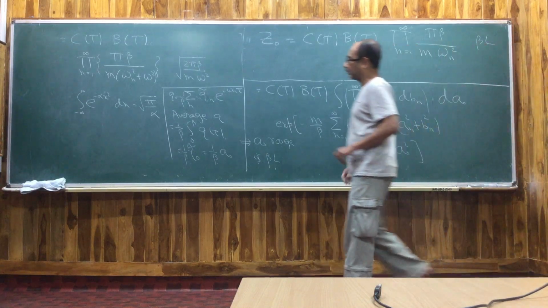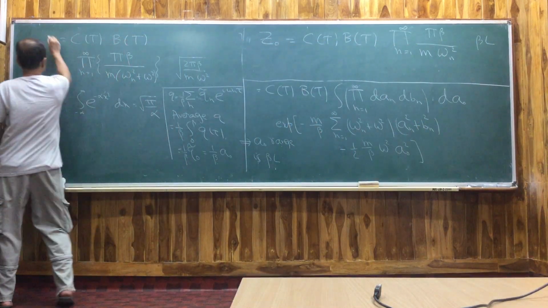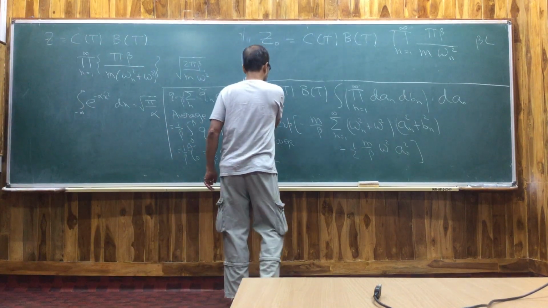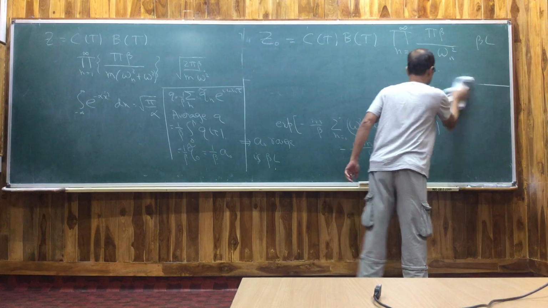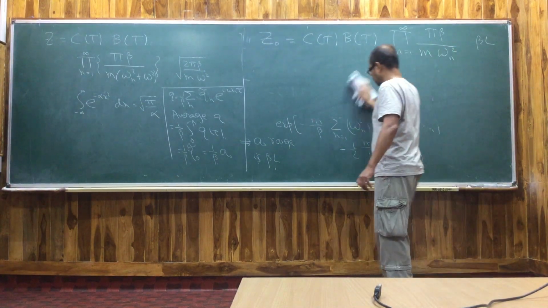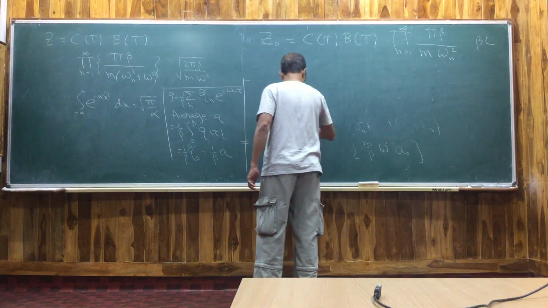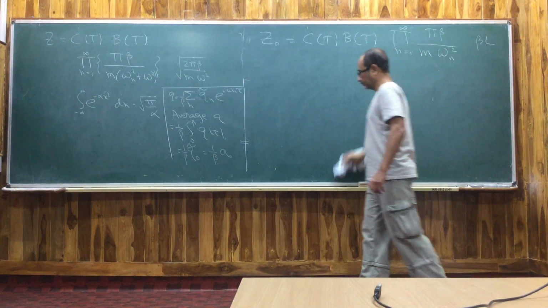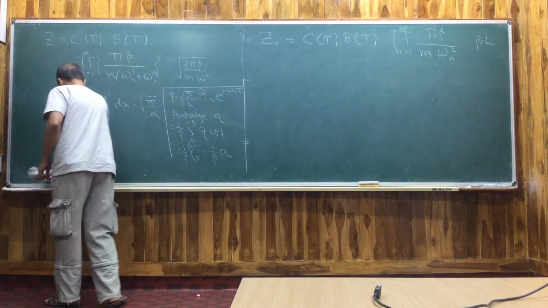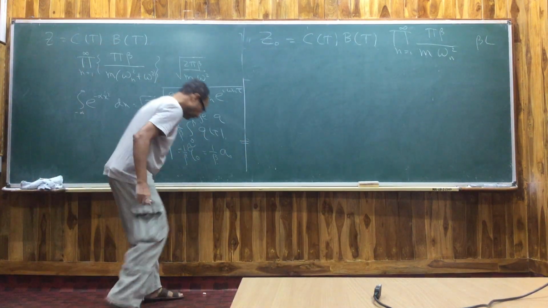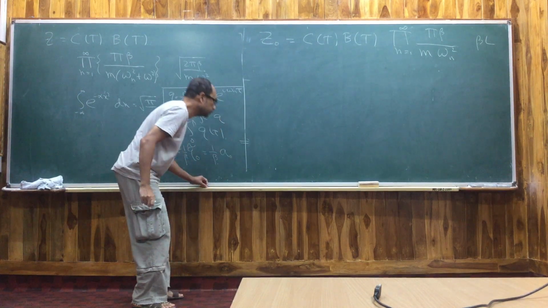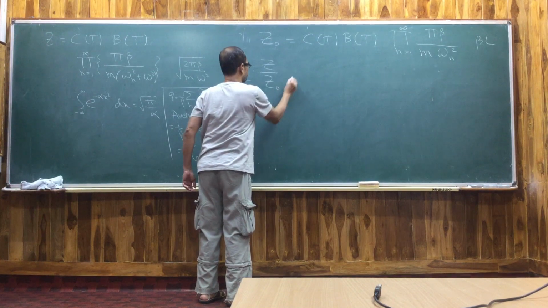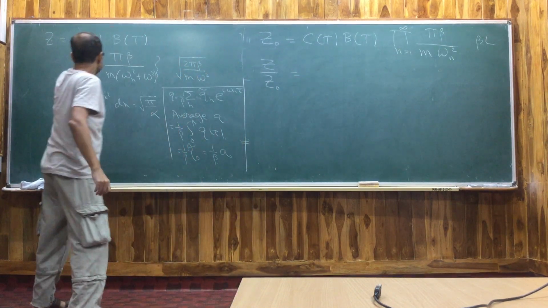Okay, so now let's calculate Z over Z0. So this is our Z. So Z over Z0, these cancel.